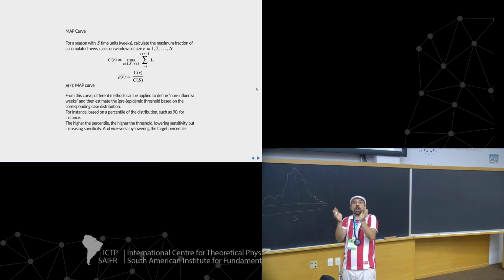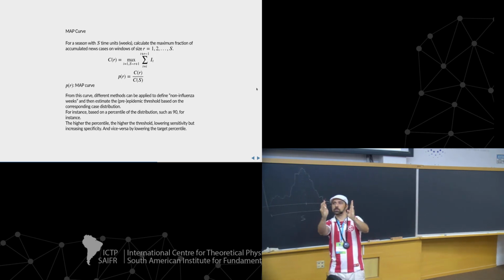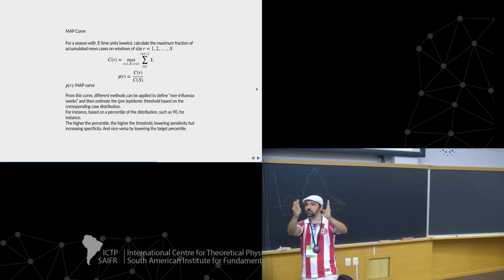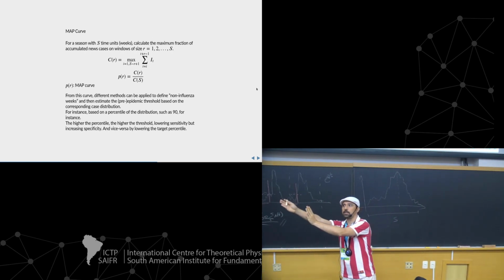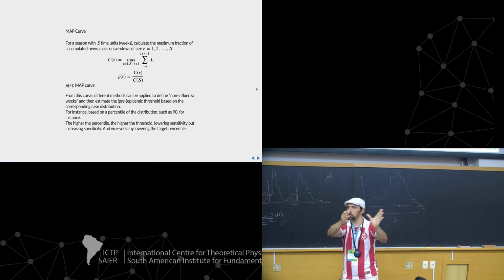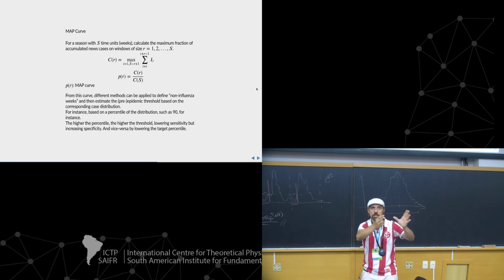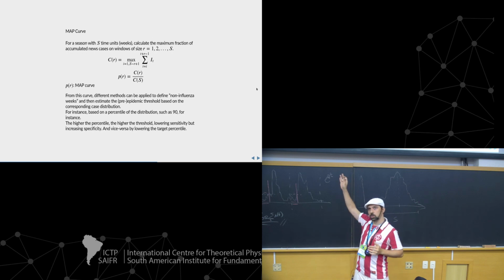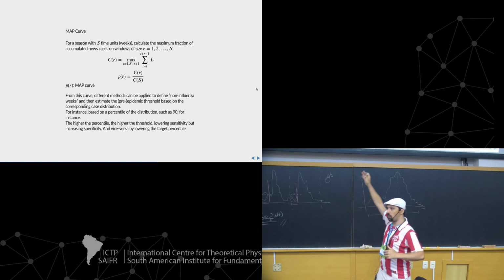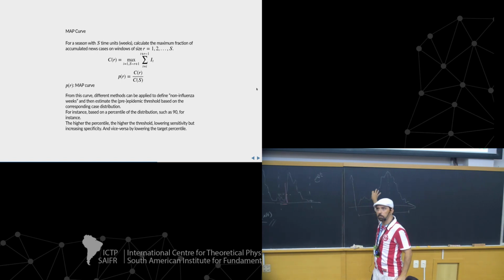For a window of size 3, let's say, I will have first from 1 to 3, then from 2 to 4, 3 to 5, and so on and so forth, right? So I have this moving window. And what C of R is doing is checking where this window corresponds to a maximum. So with this logic in mind, for R equals 1, it must be the peak for that given season, right? Clear enough.